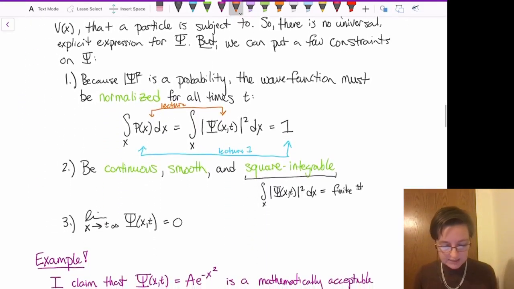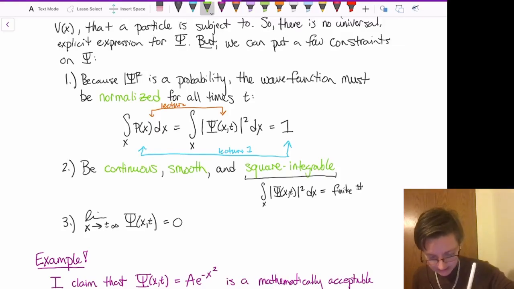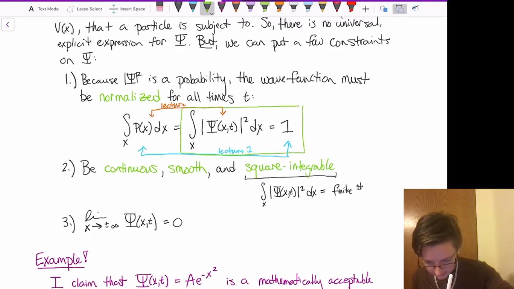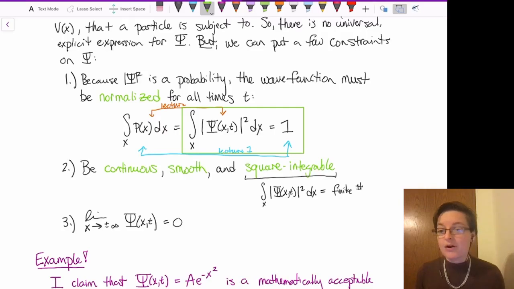So now we have a condition that the integral of p of x dx, which is the integral of psi squared dx, is equal to 1. And we call this the normalization condition. And the logical grounding that I want us to have in place is that really this is just a statement, if I had to put it in words, to say the particle has to be somewhere.